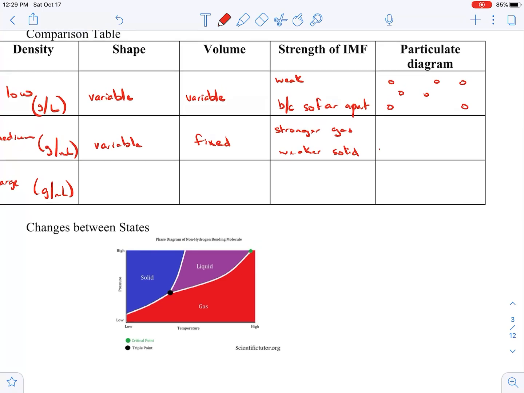This time let's use triangles, taking the shape of the container. Not super close, not tightly packed, but getting a little closer. Again, this would be an element because all the particles are the same. We have all triangles, so that would be an element. Maybe in the next one we'll draw a compound.